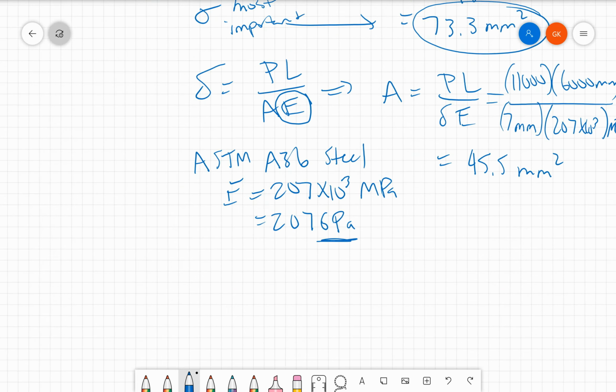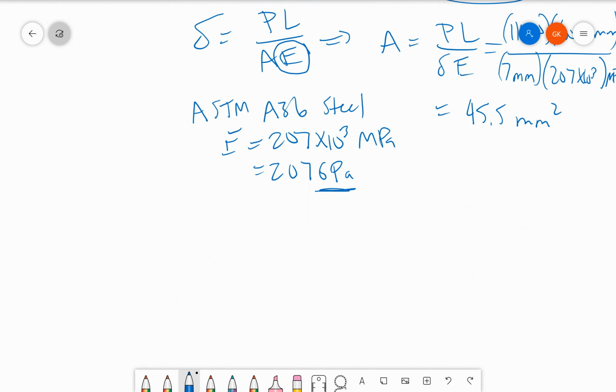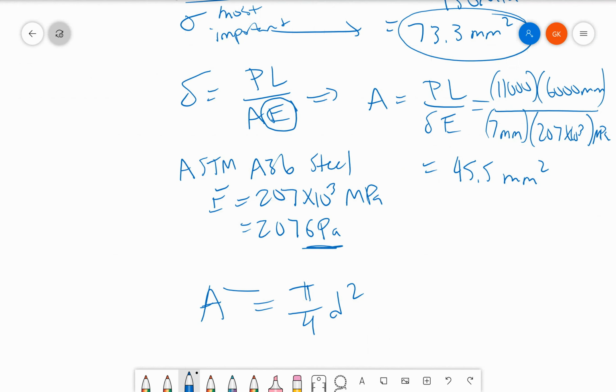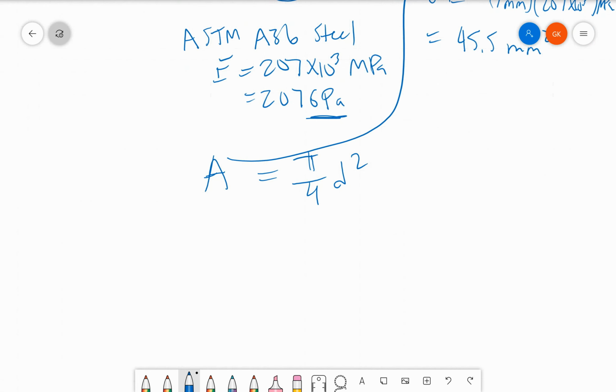In the previous example, example 10-2, we did the area equation, which is simply pi over 4 times diameter squared. You can find this in the front of your textbook. I'm given an area, and that area is 73.3 millimeters squared.